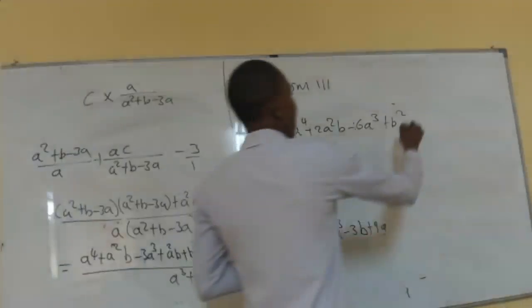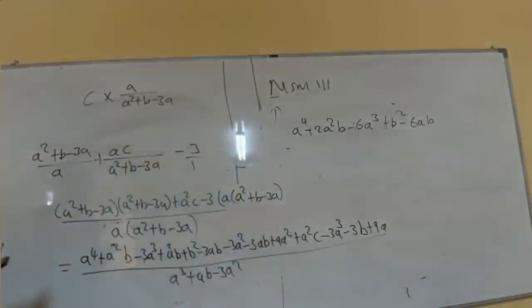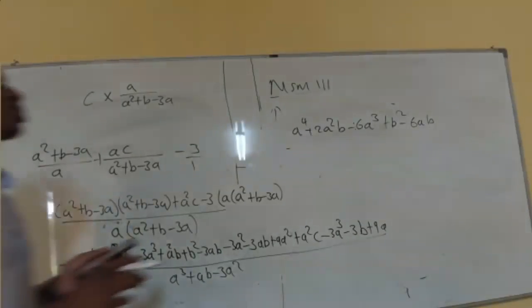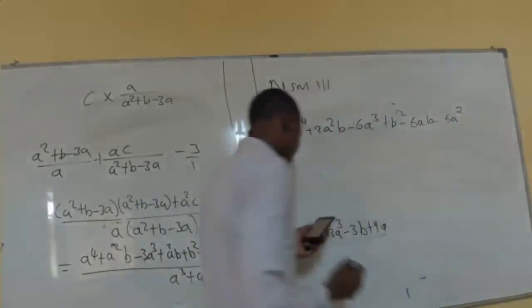So it becomes minus 6AB, right? Then from AB, we have the A squared, right? So, of course, A squared, we have negative 3A squared, we also have another one. So we have minus 6A squared, right?